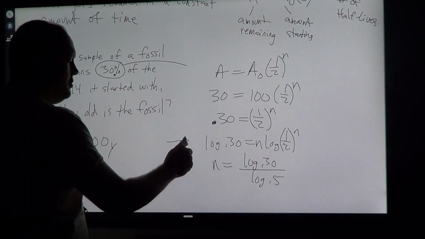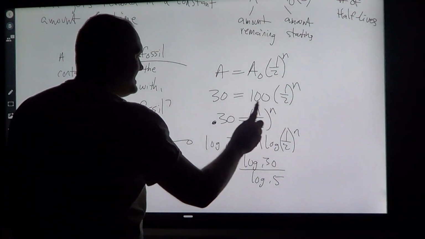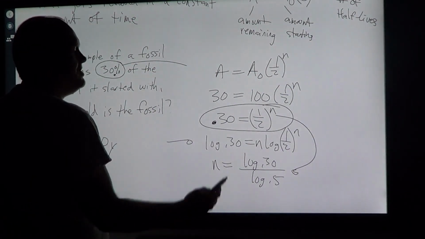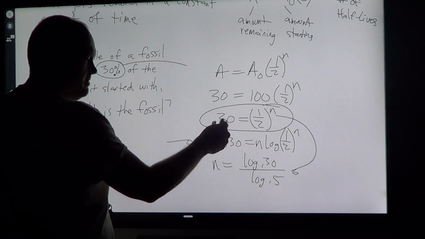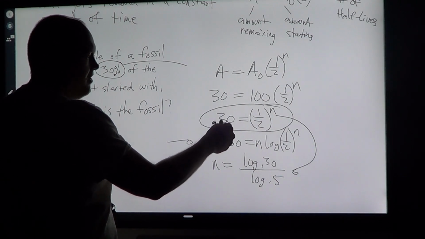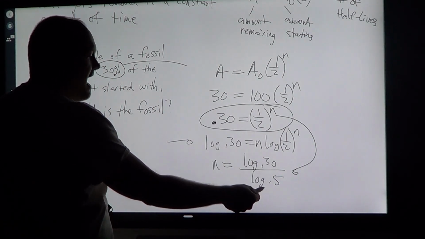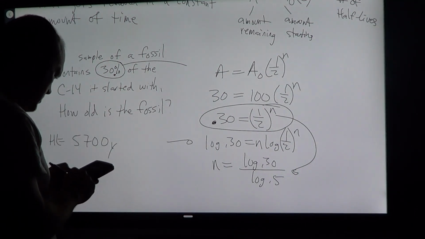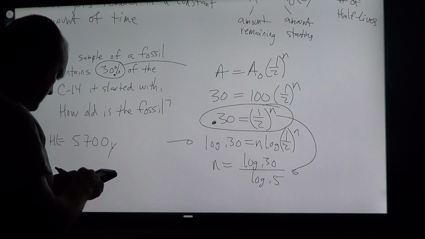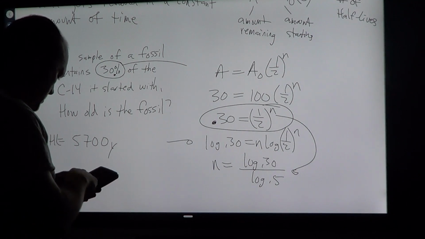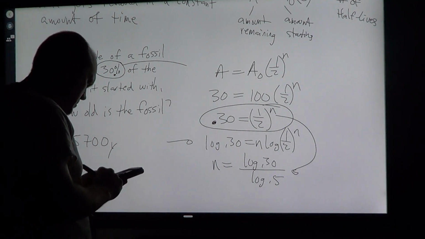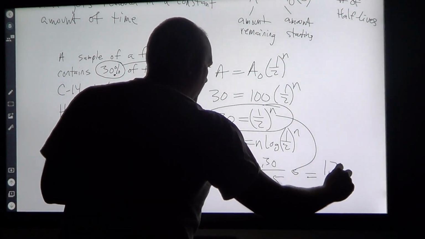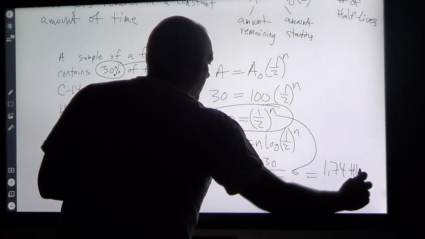I don't need you to show this middle step. Once you get to here, the answer is always the log of the decimal divided by the log of 1/2. And if you do that, you get 1.74 half-lives.